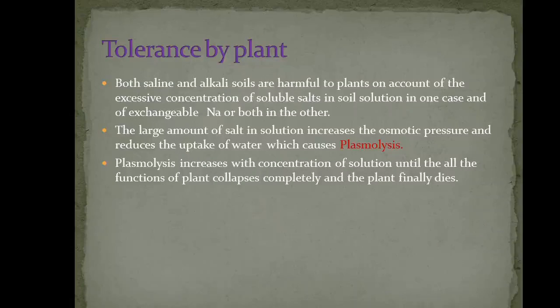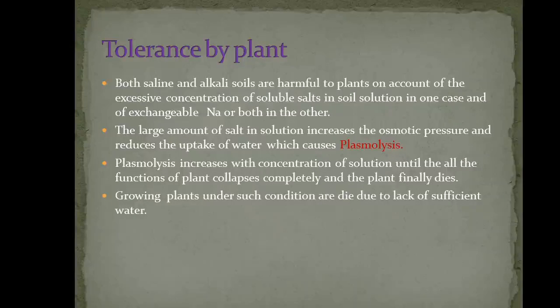Plasmolysis increases the concentration of solution until all the functions of the plant collapse completely and the plant finally dies. Growing plants under such a condition die due to lack of sufficient water.